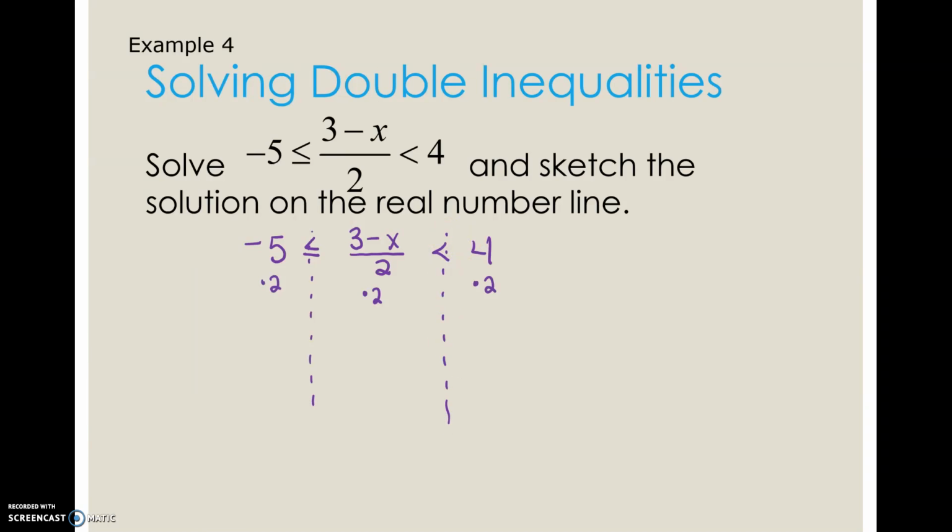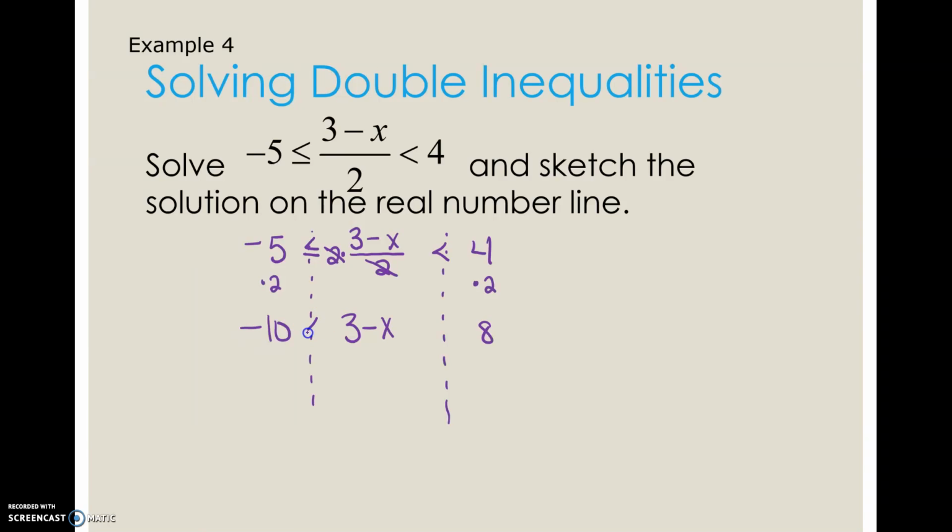Okay, when I multiply by 2, multiply by 2 undoes the divide by 2. We have -10 on the left, 3 minus x in the middle, 8 on the right. Question: should I change the signs?